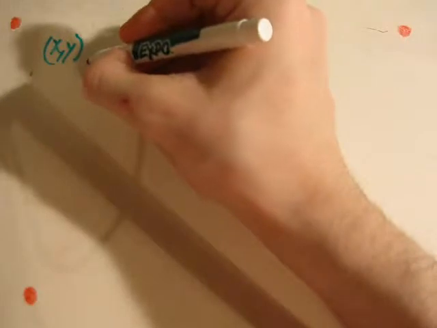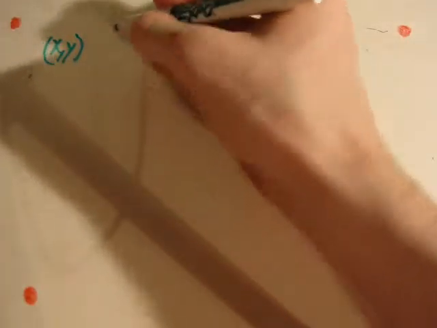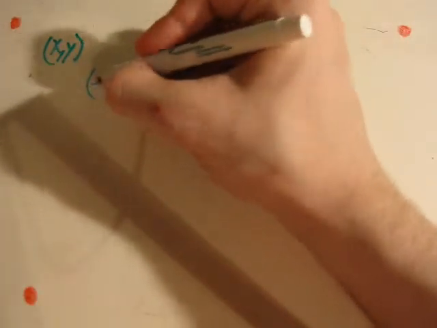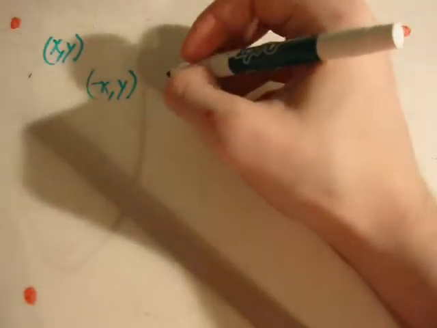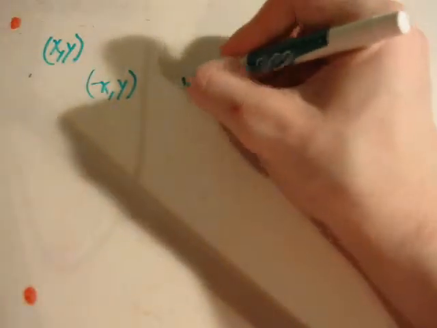Well, if you have a point of x, y on a graph, if a point at negative x, y is roughly the same place on a graph that x, y would be, then you've got y-axis symmetry.